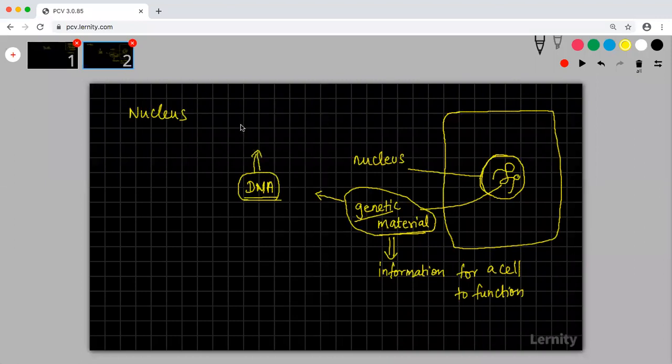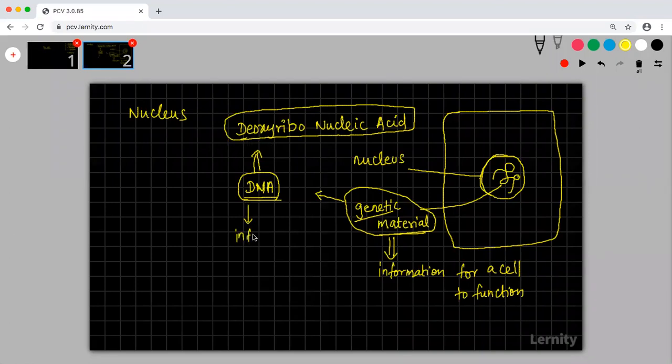The DNA's full form is deoxyribonucleic acid. What is it? It is just a chemical structure, which is the information. Okay. So this information, this deoxyribonucleic acid is our genetic material.